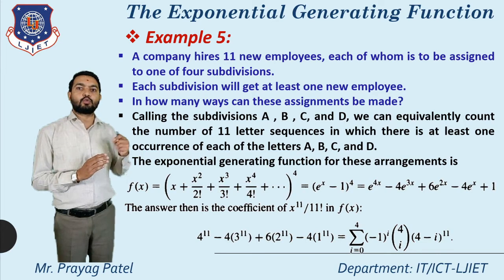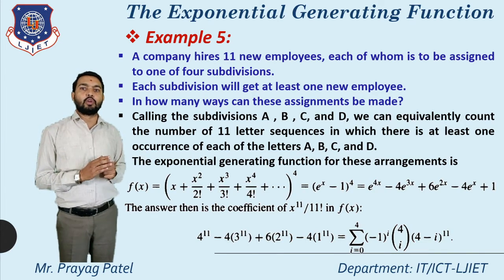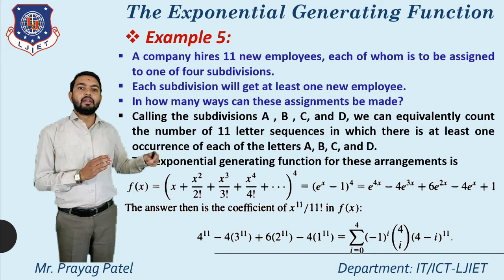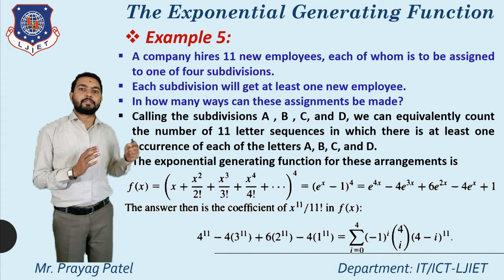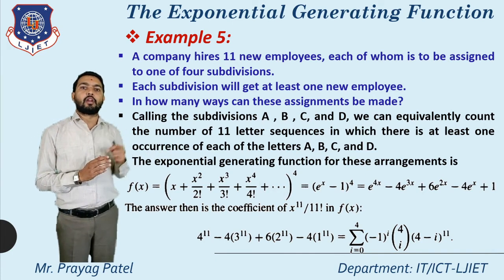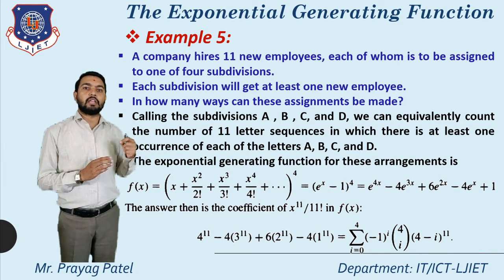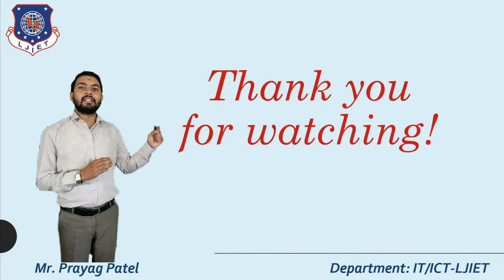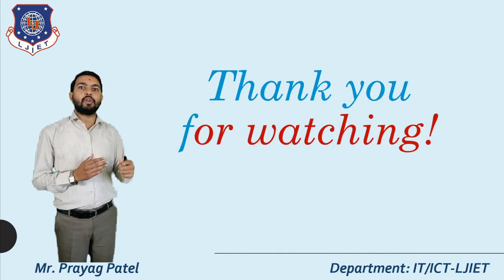So the answer is 4 raised to 11 minus 4 times 3 raised to 11 plus 6 times 2 raised to 11 minus 4 times 1 raised to 11, and in common form we can write it as sigma i equal to 0 to 4 of minus 1 raised to i, 4 C i, times 4 minus i raised to 11. So in this lecture we discussed how we can find the exponential generating function.